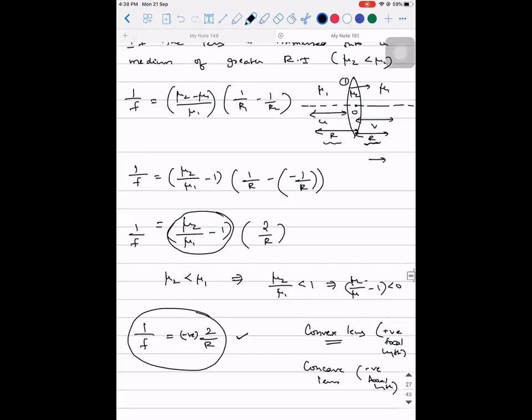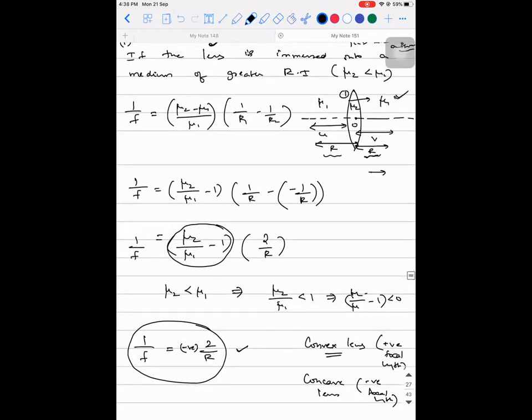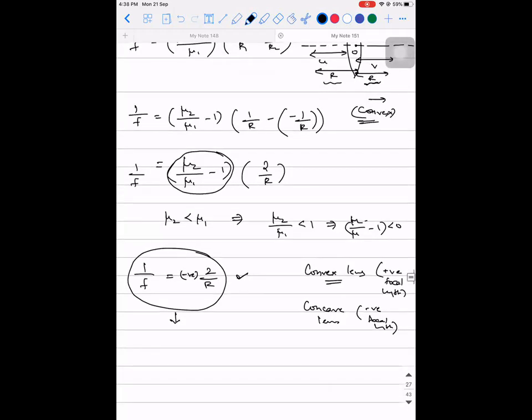Right. So if you observe, what is the type of lens I have taken here? I have taken a convex lens. But if you look at my final expression, is it coming out as a positive value or a negative value? Focal length is less than 0 because of the negative value multiplied with 2 by r. So what can you conclude from this?